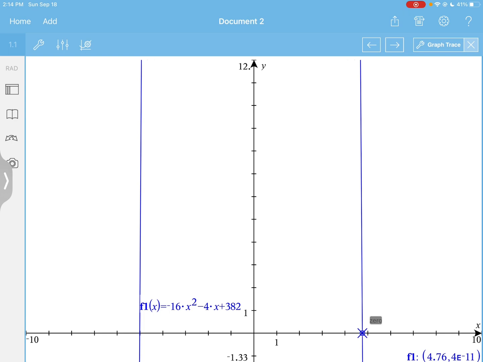This 4e to the negative 10th is basically saying that we would move the decimal place after the 4 11 times to the left, which basically gives us 0. So our answer is 4.76. It will take 4.76 seconds for the rock to hit the ground. Again, we do not want that negative 0 because we cannot have negative time.